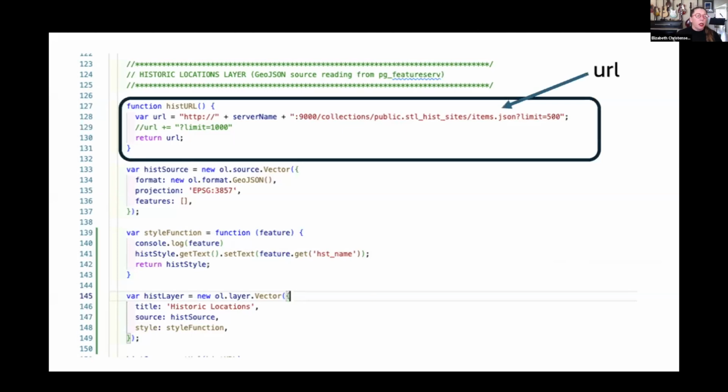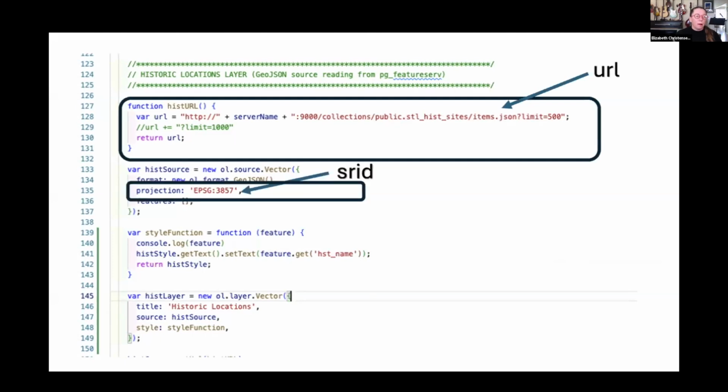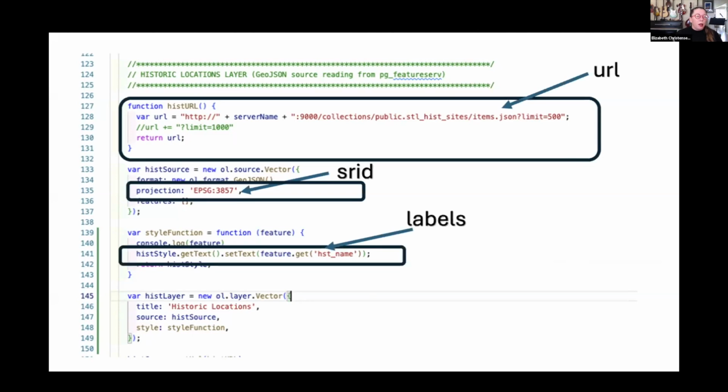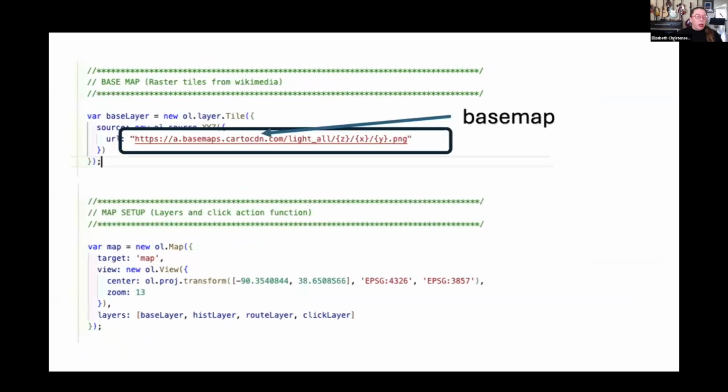So you've got the URL for your layer of your historic site. I'm just literally pulling the same URL that you saw me use when I was browsing around. I'm going to give it an SRID just so it matches my data. And then I have labels on each of those locations. And so I need to match up which column in my database matches to the labels. And I can also call out a base map.